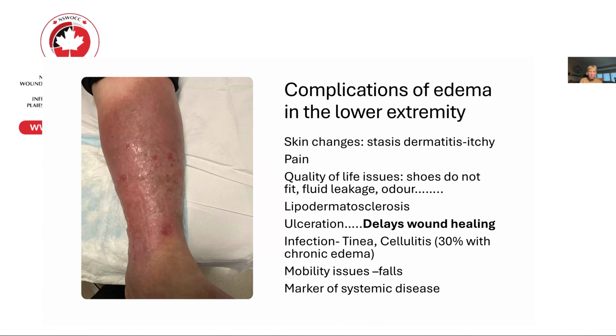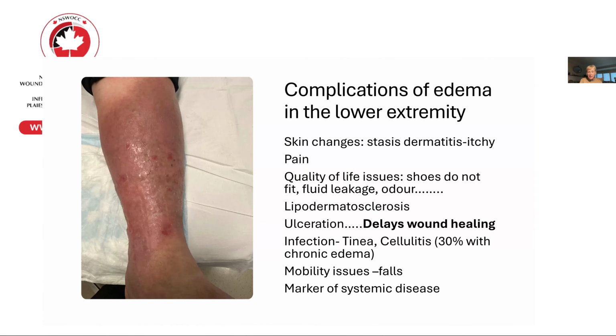Lipodermatosclerosis is a big word for that woody fibrosis, that hard feeling of the skin that is very at risk for ulcerations, also uncomfortable. And when you get ulceration, this edema causes delayed wound healing just on its own. So if you have an ulcer with a lot of edema, you can expect to have poor healing.